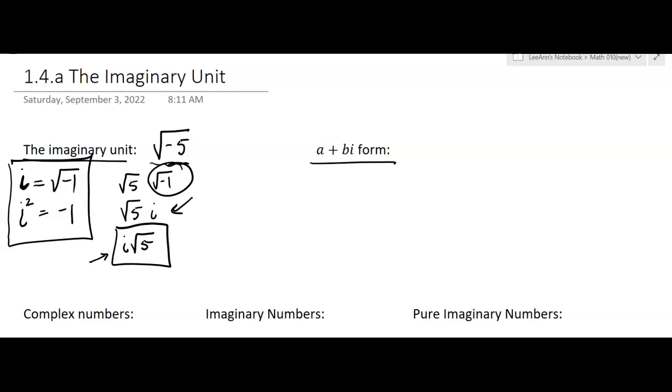So all complex numbers can be written this way, and a and b are real numbers, which is important. We're used to the real numbers. That's the set we've been working with. But now we have this imaginary unit in there. Okay, so that's how we write our imaginary numbers. We put it in a plus bi form.